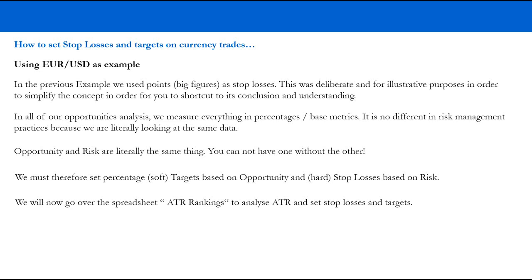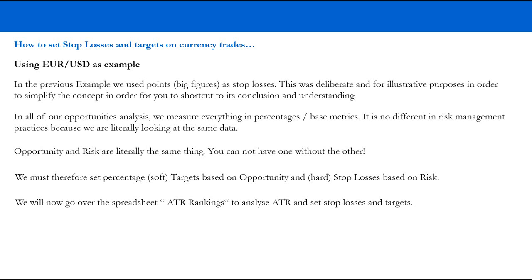The gatekeeping process has ticked many of the boxes, so our timing looks good. And now we're choosing to enter the trade, take a real position, and we have an overall trading opportunity and risk assessment in order to set our hard stop losses and soft targets.